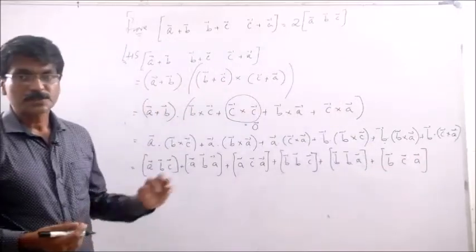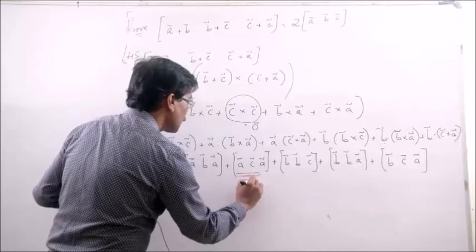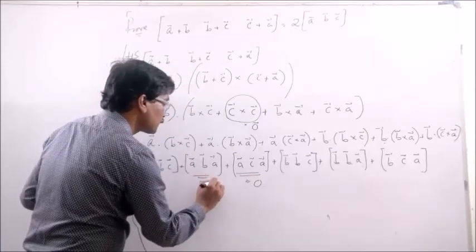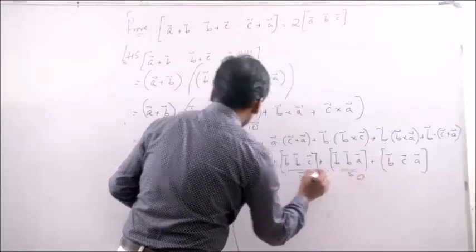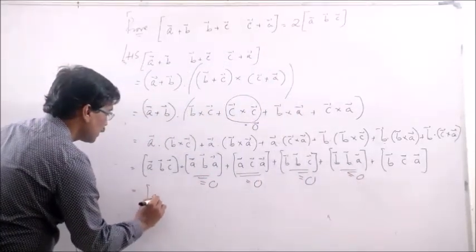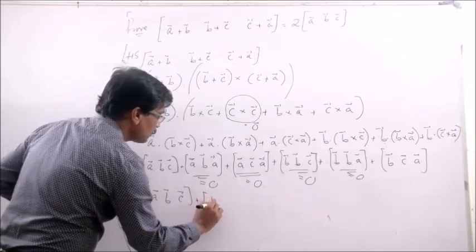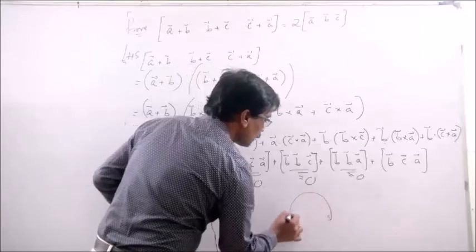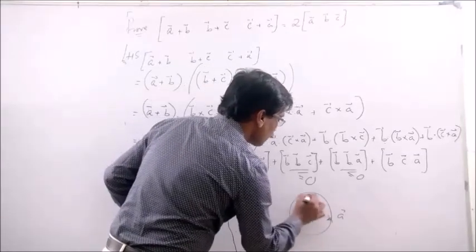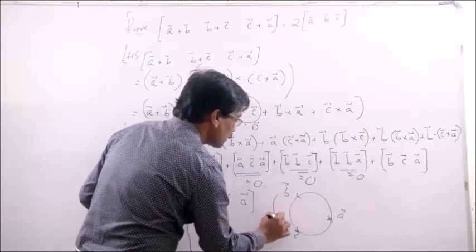Now, out of these 6 quantities, these parts are 0, this is 0, this is 0 and this is equal to 0. So, which is equal to [A B C] plus [B C A]. Now, if we take it in a clockwise, [A B C] is equal to [B C A].